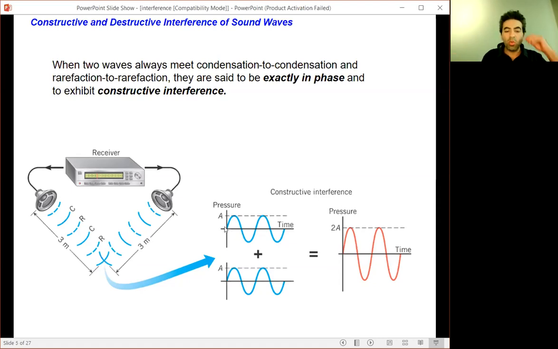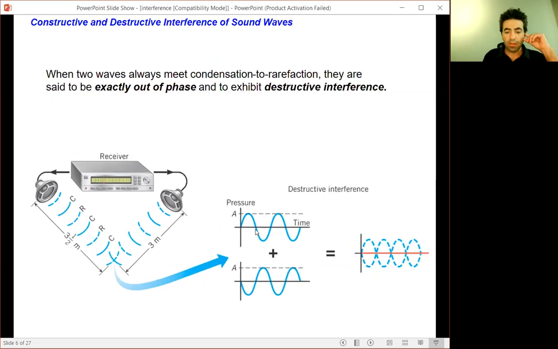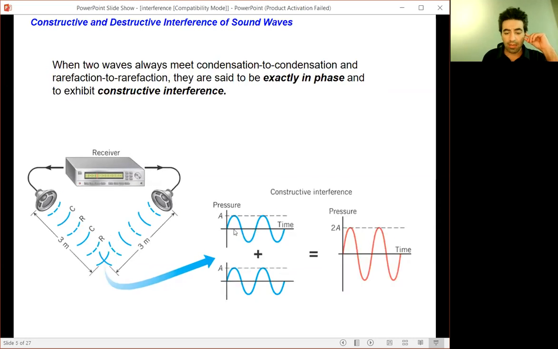So I'm picking a specific location and I'm looking at the disturbance as a function of time. If only one source was on, you would see the disturbance happening as a function of time like this, just from the one source. If only the other source was on, you would see the disturbance happening like this. Now, suppose you're standing at one of those specific locations in which the troughs are meeting with troughs all the time, right?